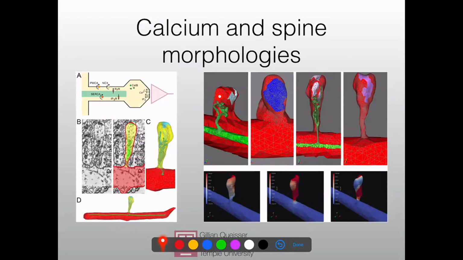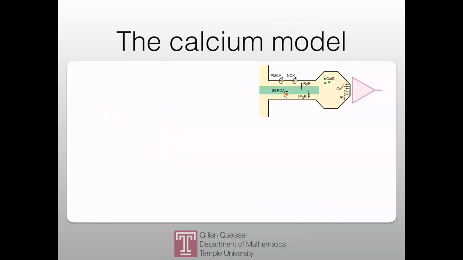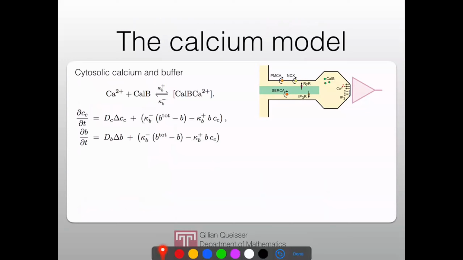Now, having techniques to reconstruct the three-dimensional architecture of these components of a cell and the organelles, we can couple this to a three-dimensional model of calcium dynamics. The first ingredient here is the fact that calcium can interact with mobile buffers in the cytosol, which is this yellowish region.